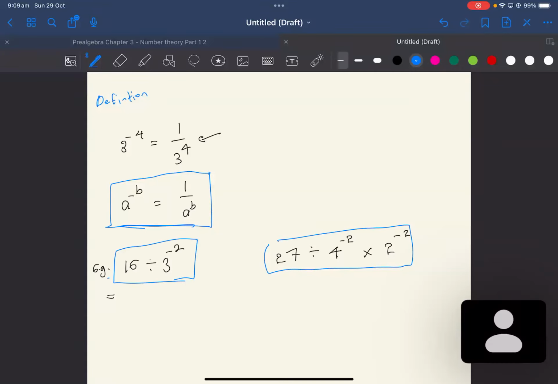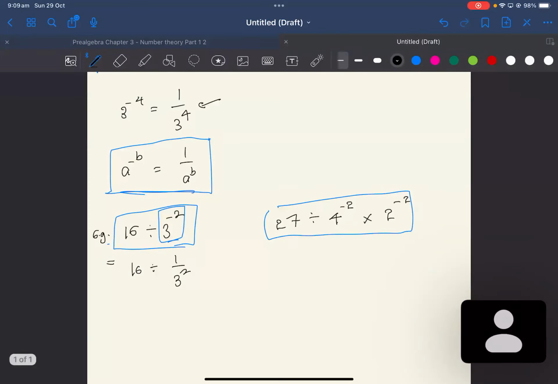I think the important idea here is to convert this negative power into a positive power before you do anything, just so that you know what you're dealing with. So 1 over 3 to the power of 2 becomes this, and then because you're dividing by a reciprocal, it becomes times.